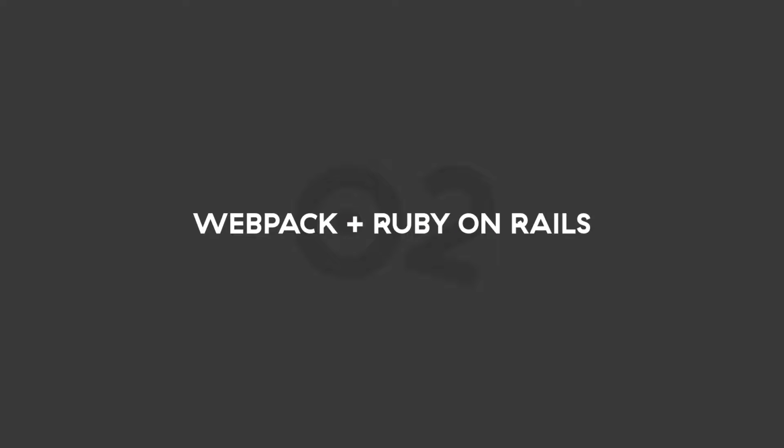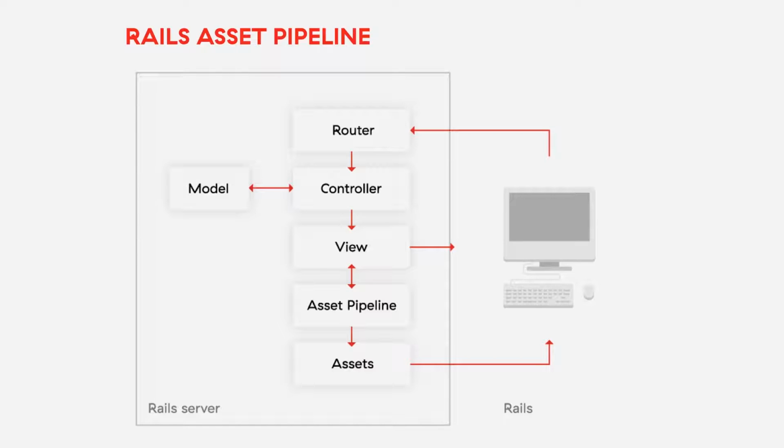So except for Node, you may want to use it with some other languages or frameworks. For instance, we use it with Ruby on Rails. So this is kind of a usual flow of a web request when you're using Rails.